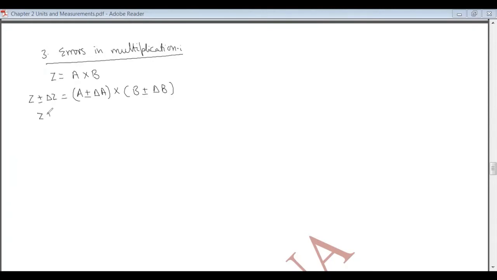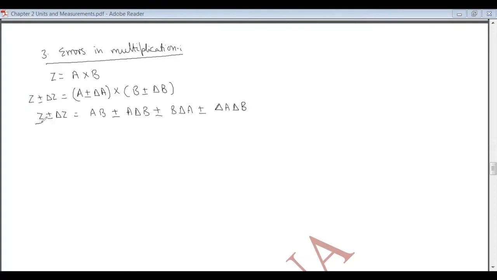Now this can be written as z ± Δz, which is equal to, multiplying the bracket terms, ab ± aΔb ± bΔa ± ΔaΔb.